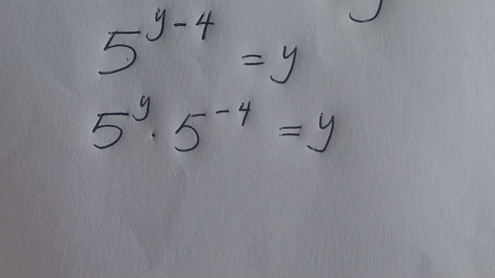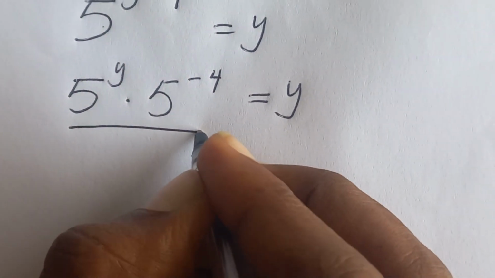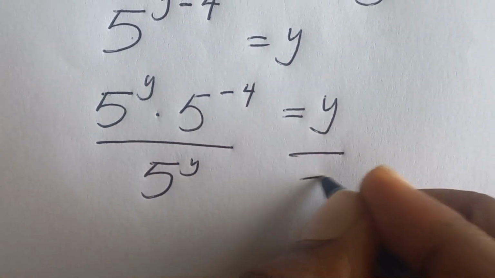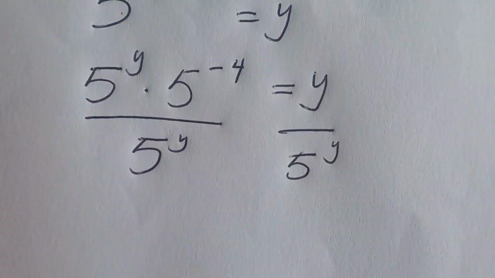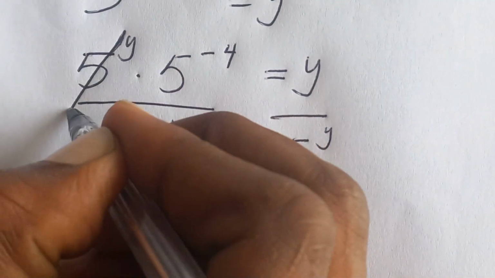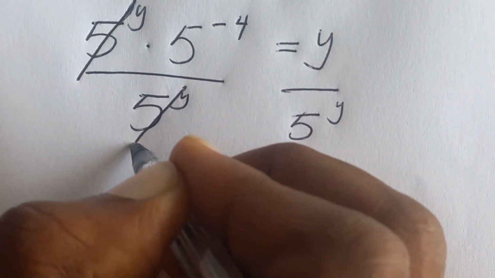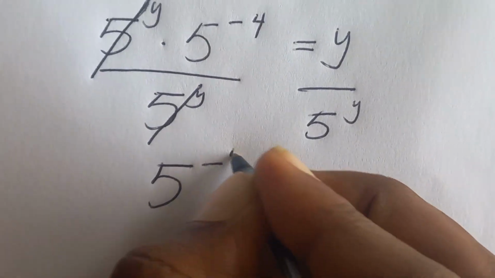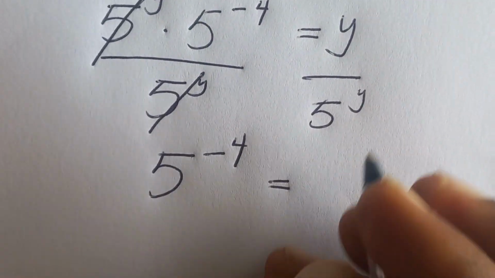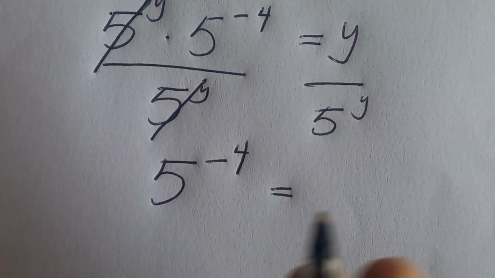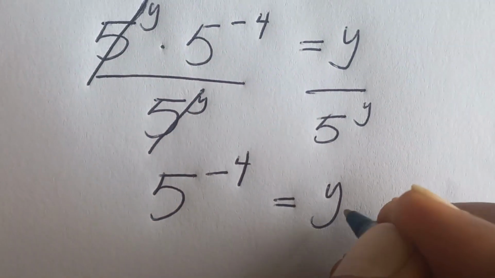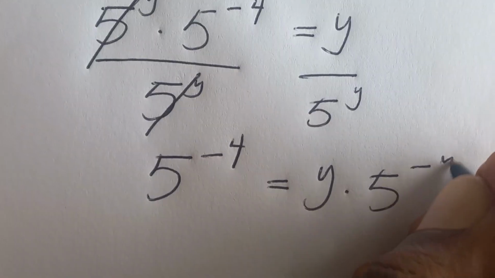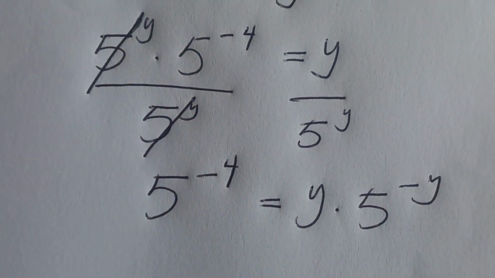Now let's divide both sides by 5 exponent y. You can see that this 5 exponent y will cancel this 5 exponent y. So you get 5 exponent negative 4 is equal to y multiplied by 5 exponent negative y.